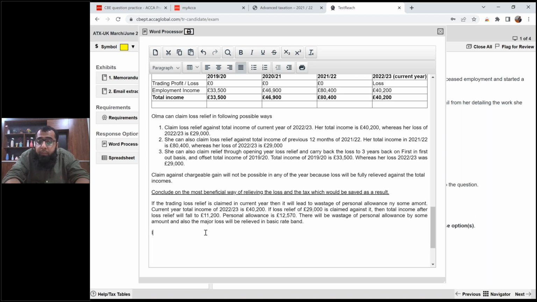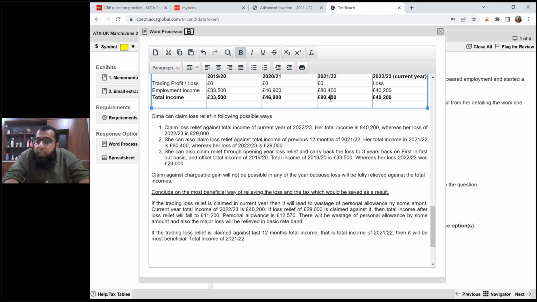If the trading loss relief is claimed against the last 12 months' total income, that is total income of 2021-22, then it will be most beneficial. Why? Total income of 2021-22 is 80,400.